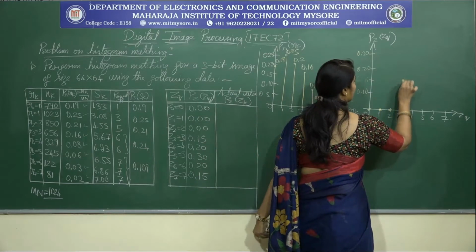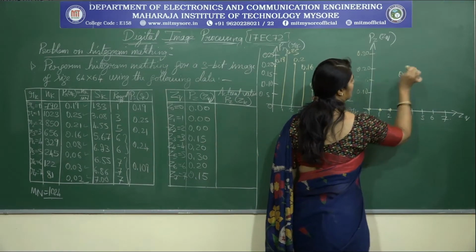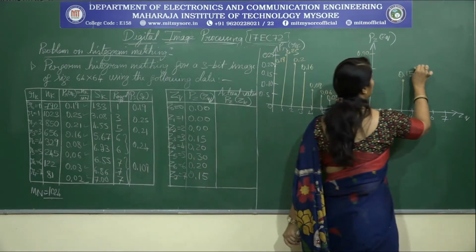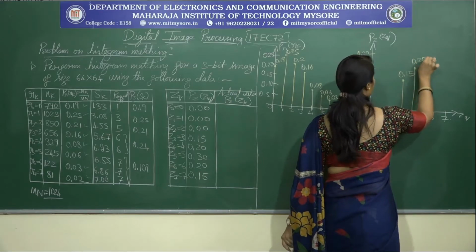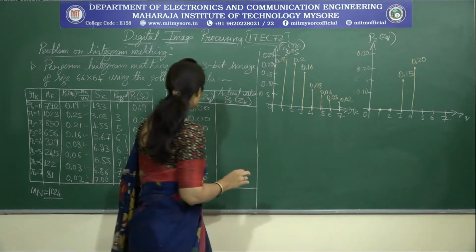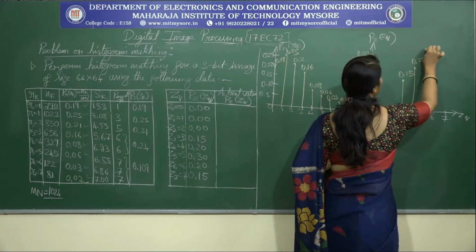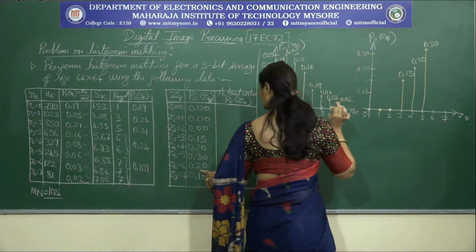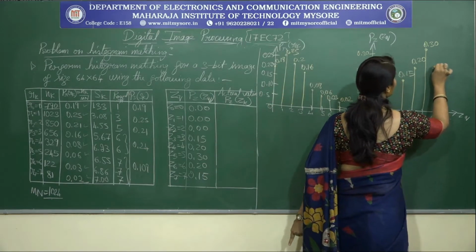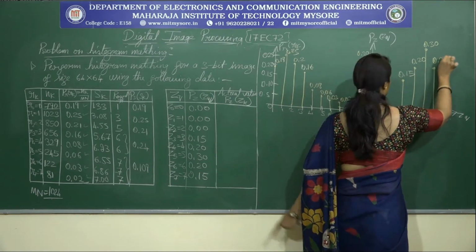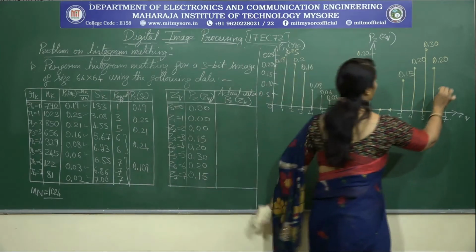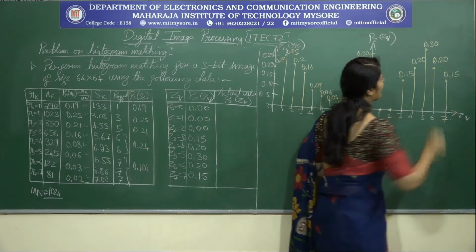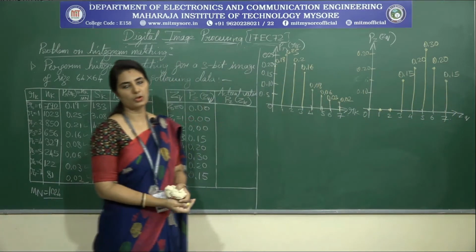For Z4 it is 0.20. For Z5 it is 0.30, Z6 is 0.20, and Z7 is 0.15. So this is the specified probability density function given in the problem.